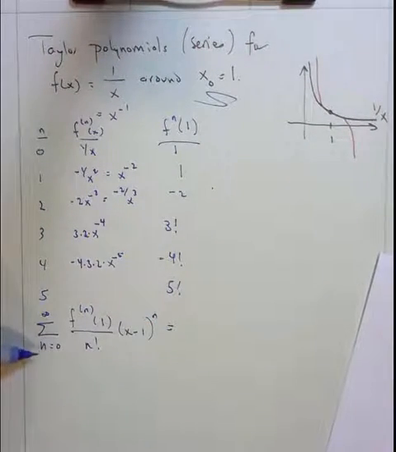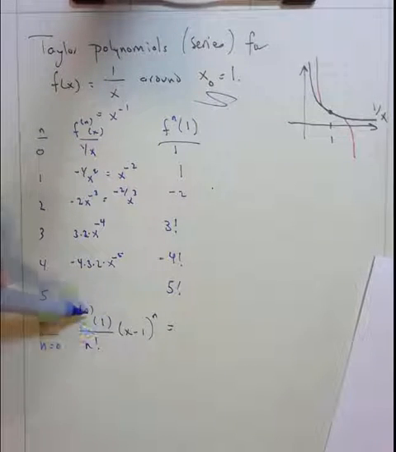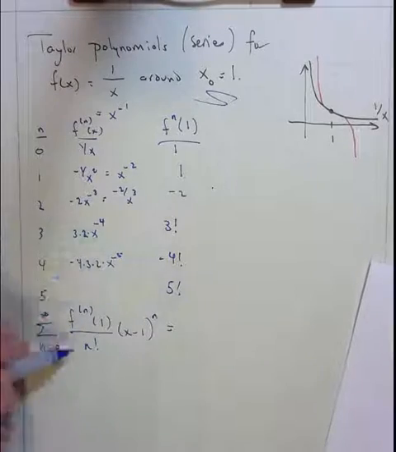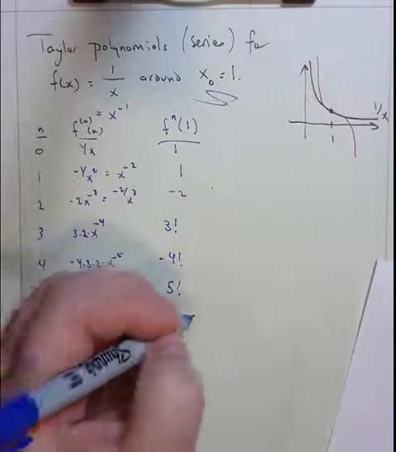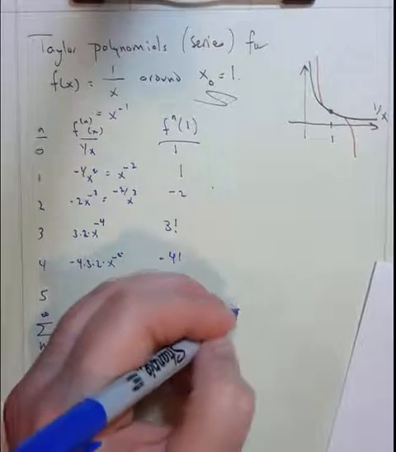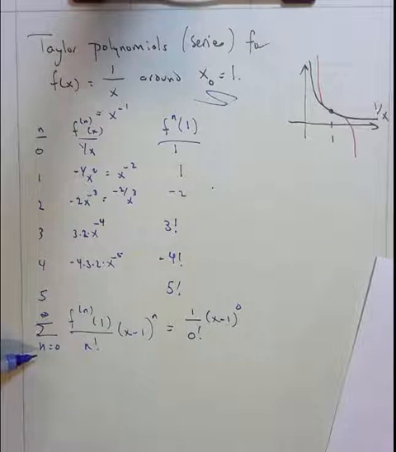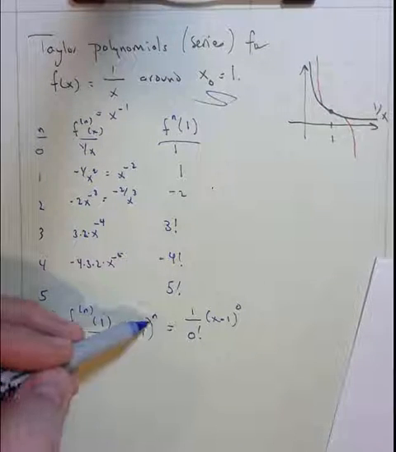Okay, first term. When n is 0, I'm up here. This numerator is 1, and I'm going to divide it by 0 factorial. And then times x minus 1 to the 0, because again, my first term corresponds to n equals 0, so 0 goes there, 0 goes there.